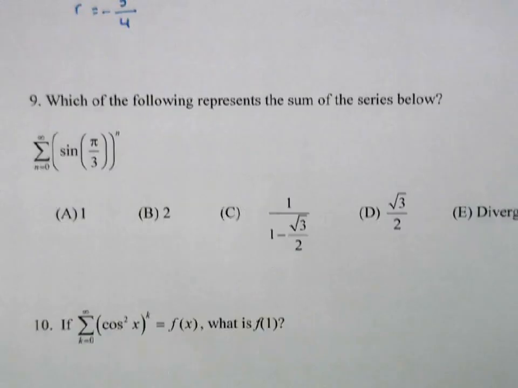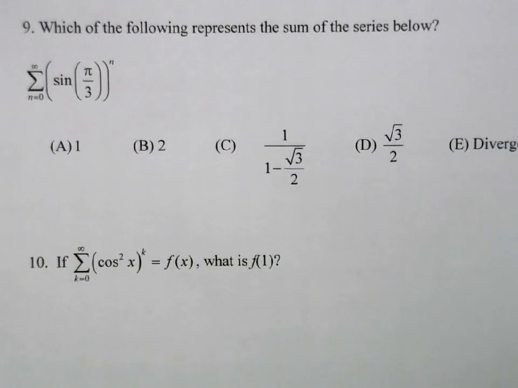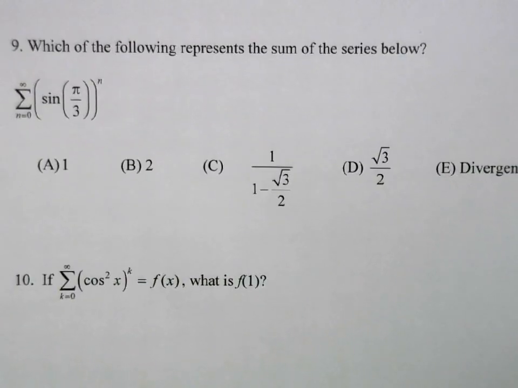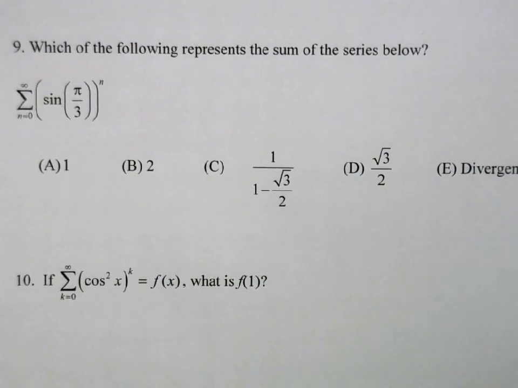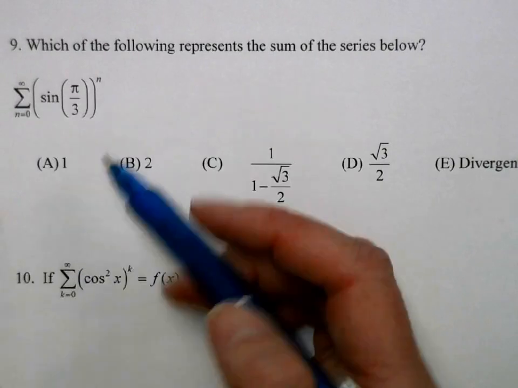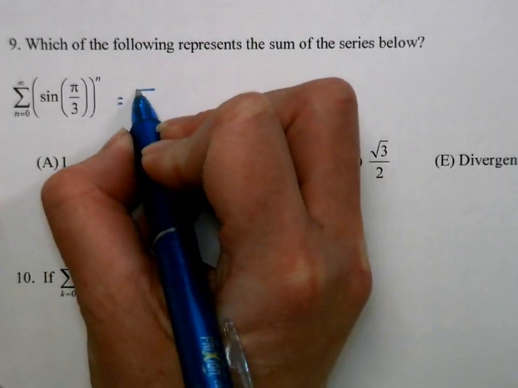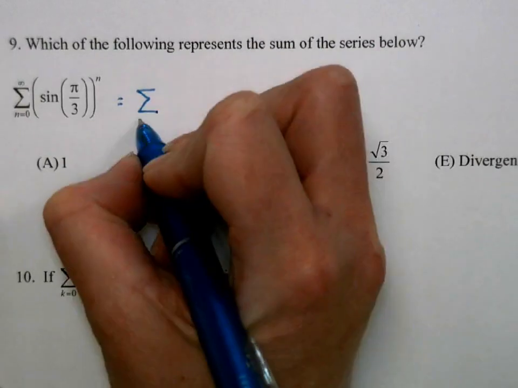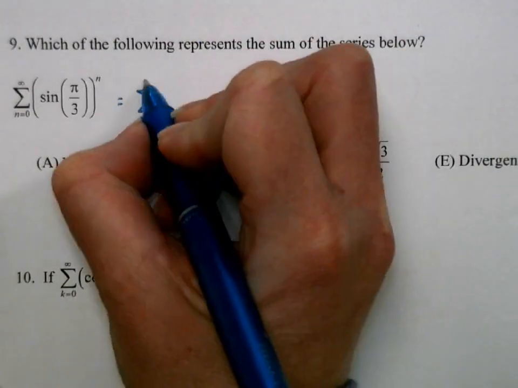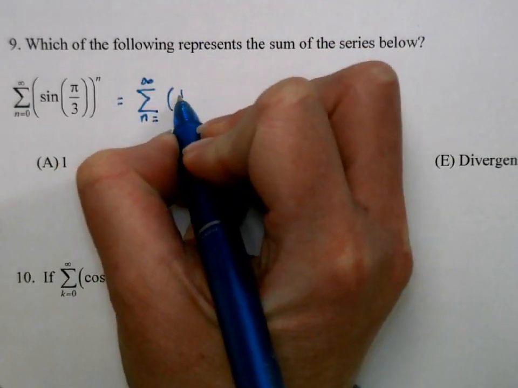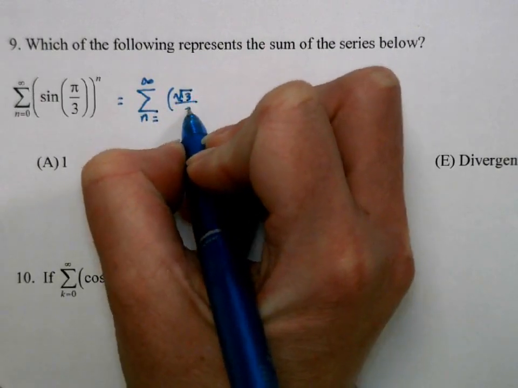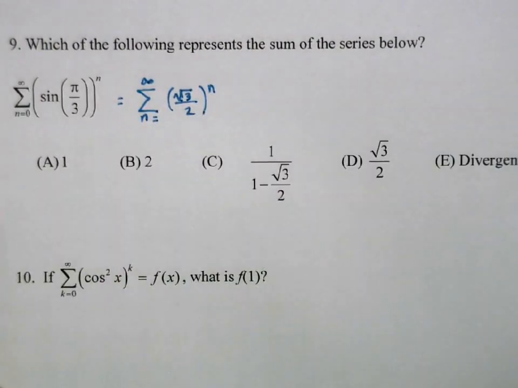Now sometimes College Board likes to disguise their series as geometric or not. So this looks complicated, but sine pi over 3 is just a value. It is our y value at pi over 3, which is root 3 over 2. Okay, if I plug in 0, we get 1.